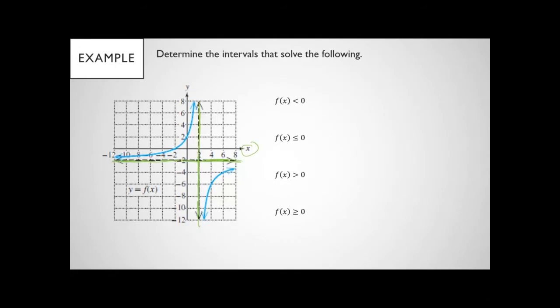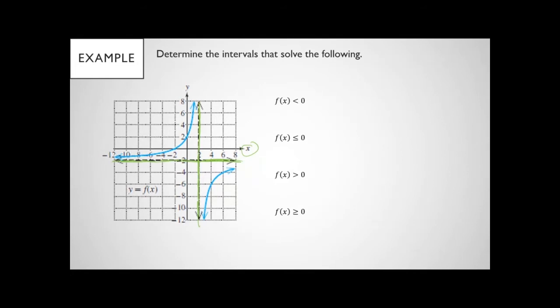This is a rational function, and we're determining the intervals. We've got 4 different possibilities here. So we're looking at the intervals that are less than 0, less than or equal to, greater than, or greater than or equal to. So the less than 0 part means it's below the x-axis.